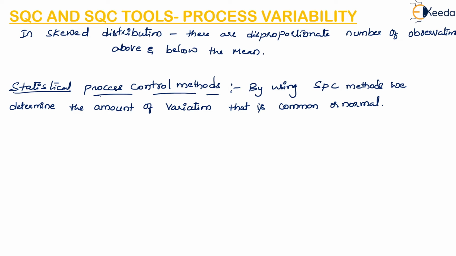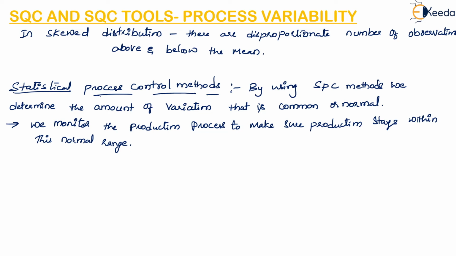So after we identify whether the variation is common or normal, we will make sure that the production process stays within the normal range.